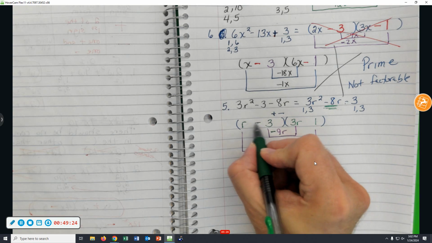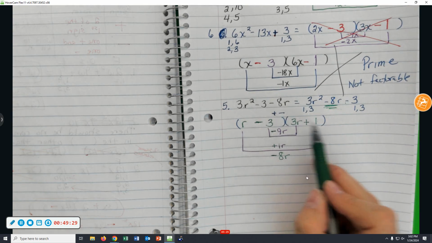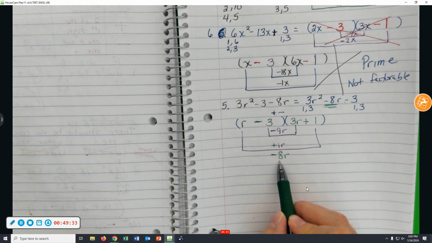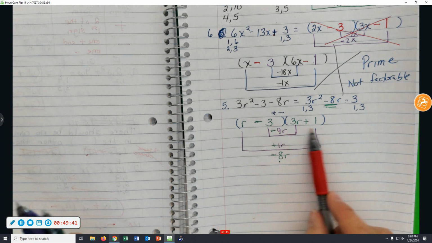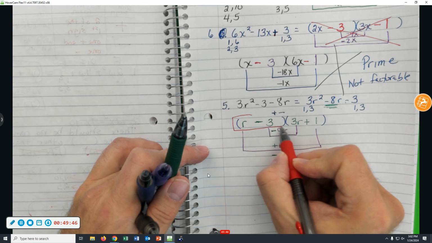A minus and a plus. We'd have a negative 9r plus 1r, giving a negative 8r. We've made it work out. Sometimes students start thinking, wait, this is the answer. No, the answer is the two sets of parentheses.